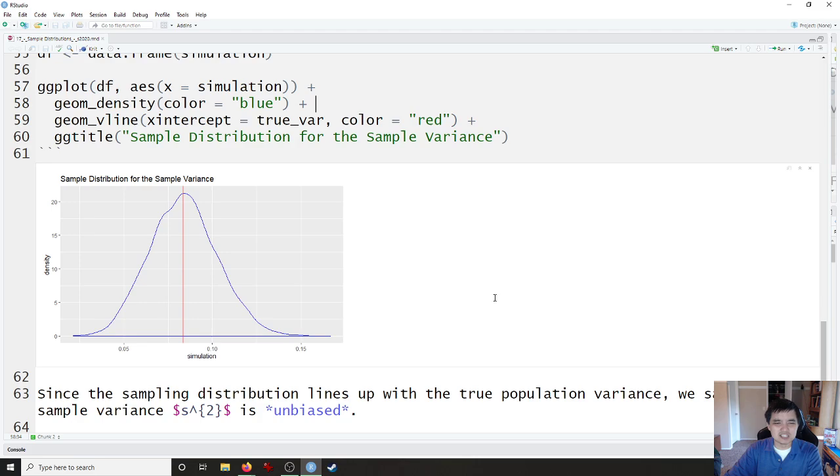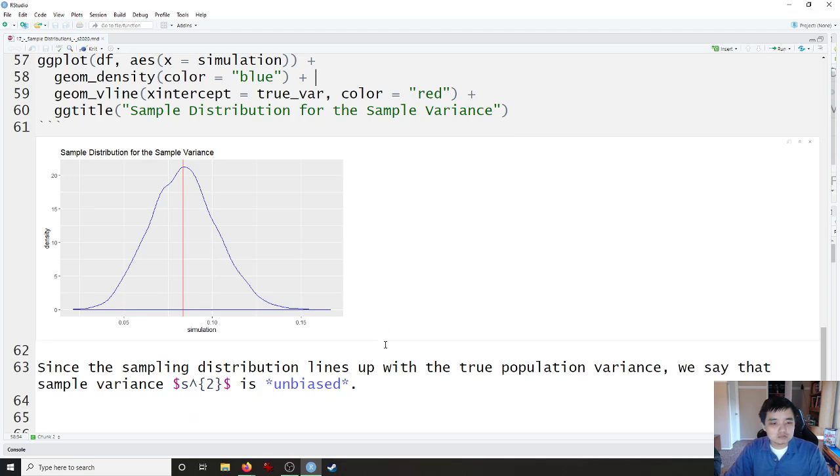Loosely speaking, in the sense that I simply ran this through a computer program over and over again, empirically, we have shown that the blue curve lines up with the red line much better this time around. And in technical jargon, since the sampling distribution lines up with the true population variance, we say that the sample variance S squared is unbiased.